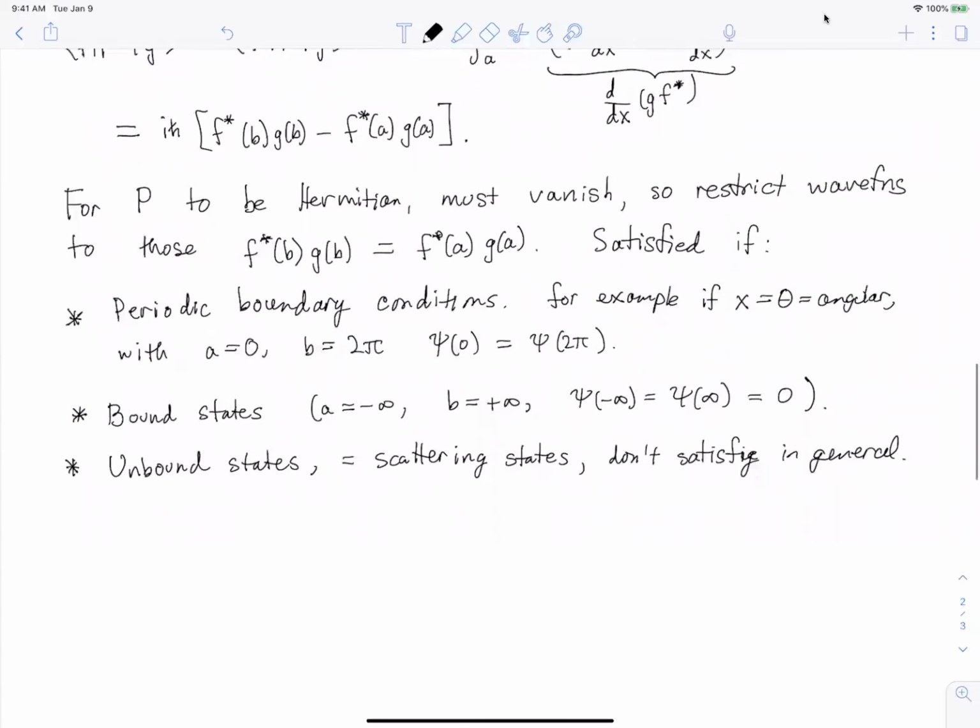And so in a precise treatment, what you should do is replace them by wave functions that do satisfy this condition.